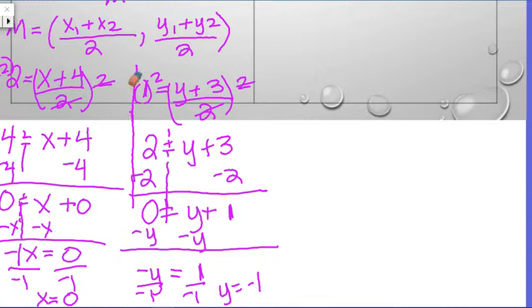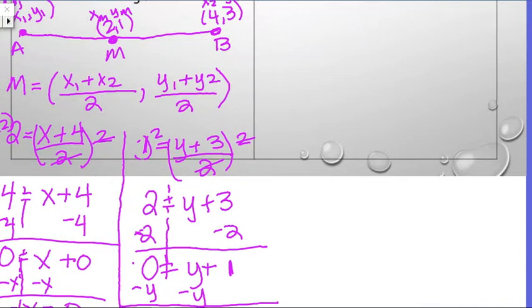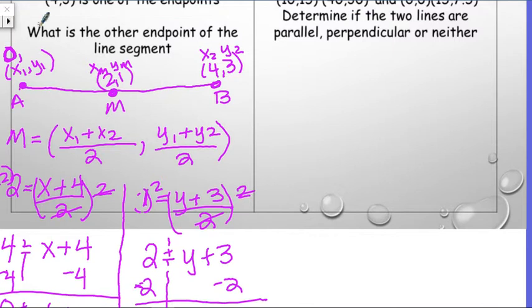Okay, hold on, I'm just trying to make this separation line a little neater. Let me go down the middle with that. Okay, there we go, to separate the two sides. So we know the Y up here is negative 1. So we found the ordered pair. The other endpoint is (0, -1).